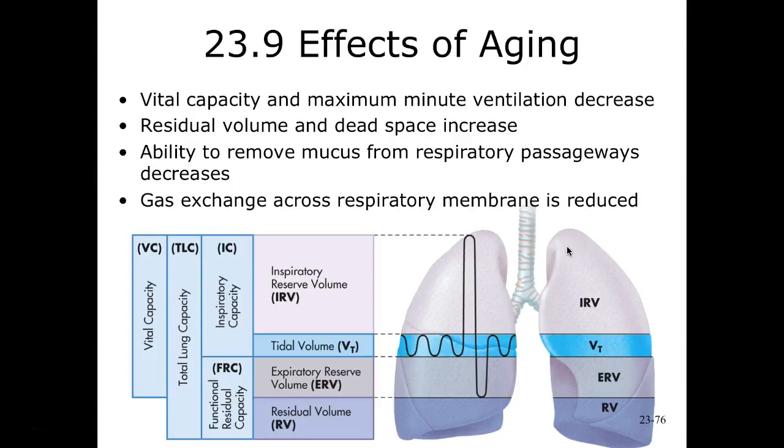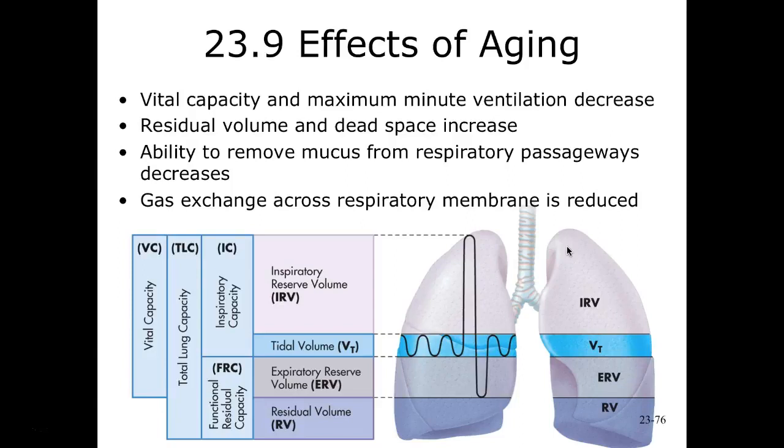Having these larger bronchioles and alveolar ducts too are going to create more dead space. So we're lowering the chances of gas exchange taking place, and we are reducing the amount of gas exchange that takes place because a lot of our alveolar walls are going to be lost as we age too.